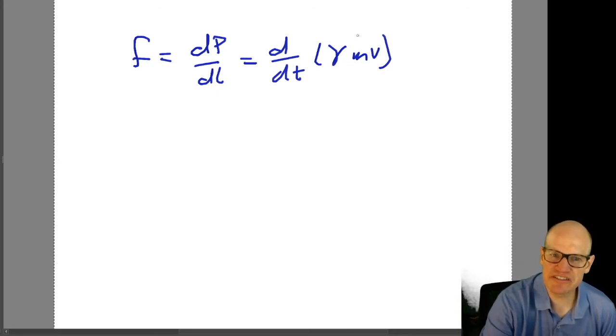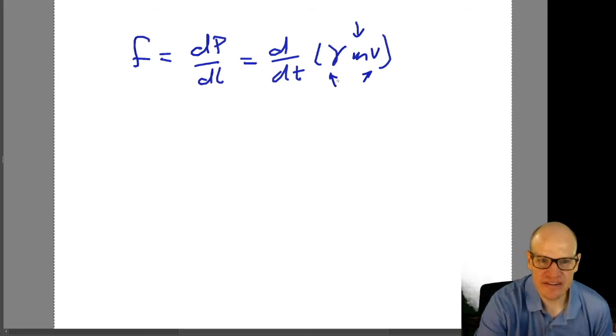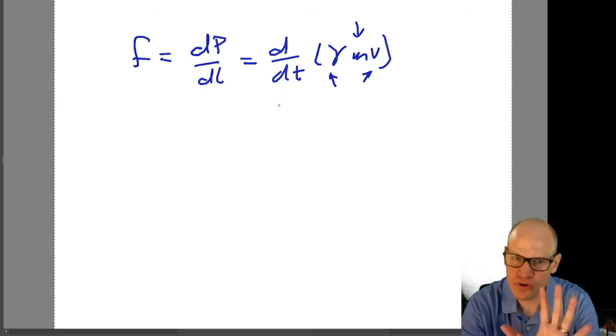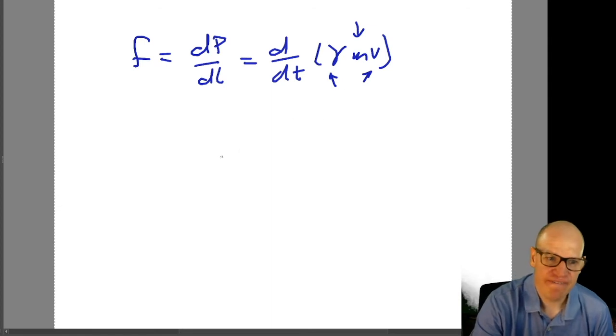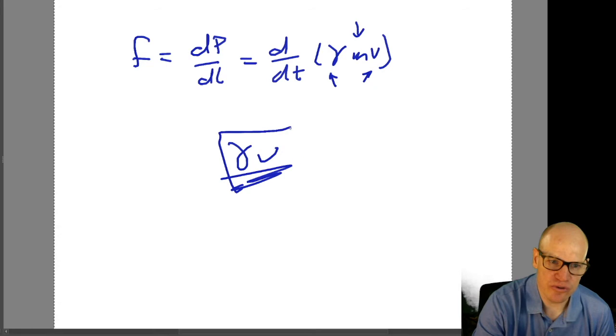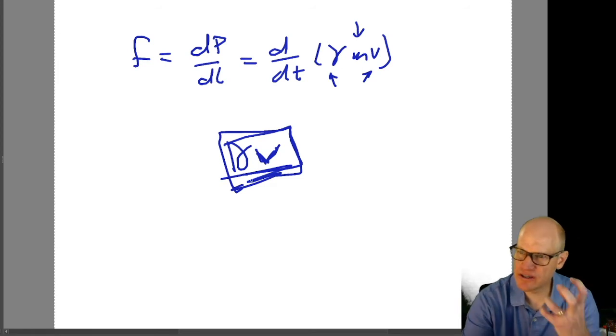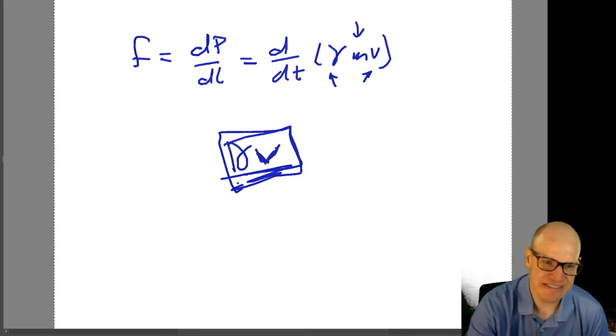And so the mass is constant, and so you're looking at a change in gamma and v right here. And as you continue to exert a force, what ends up happening is that gamma v, this product, has to grow. So you're exerting a force over time, gamma v, that product has to grow. And what ends up happening is that all of that growth takes place in gamma and not in v.